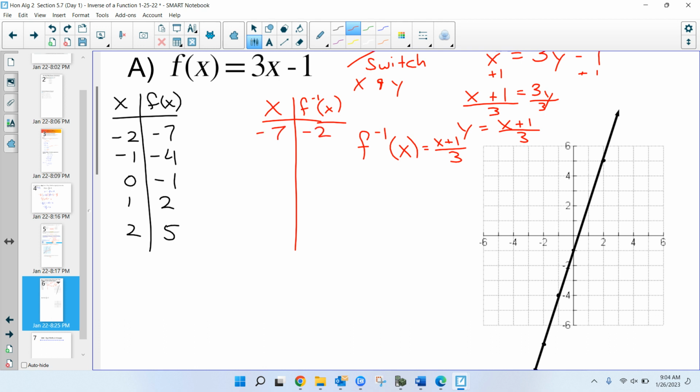Well, -7 is off the page, but let's go here, -2. -1, -4 is now -4, -1. 0, -1 is now -1, 0. 1, 2 is now 2, 1. And 2, 5 is now 5, 2.